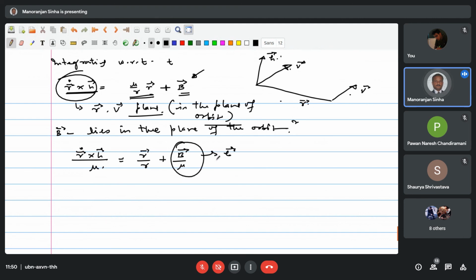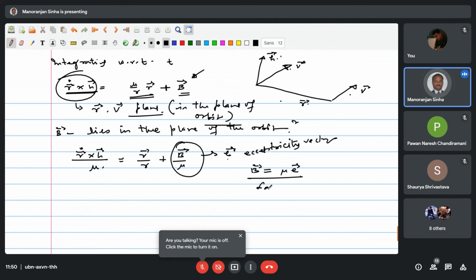If you write this as e, this vector is the eccentricity vector. It appears as the eccentricity vector, and B equals mu times e bar. This is also called the Laplace vector.